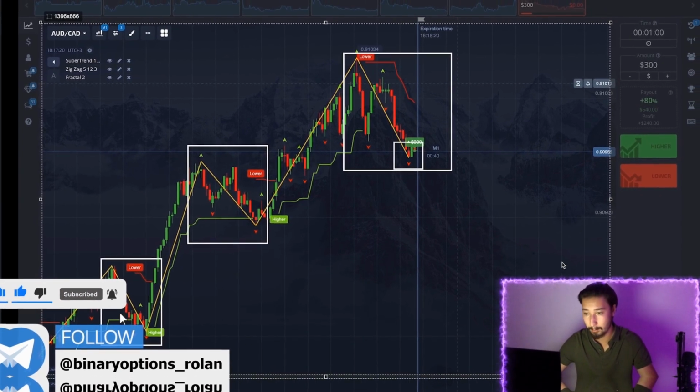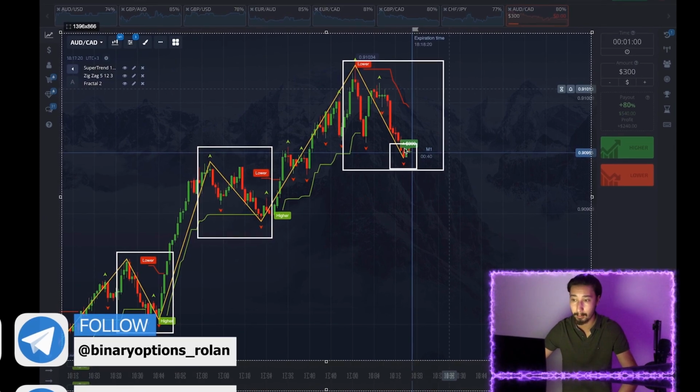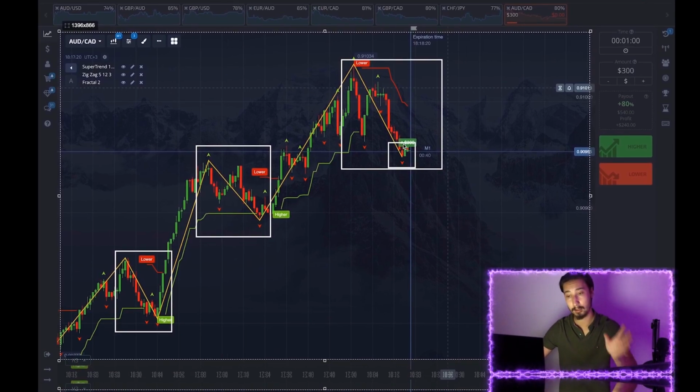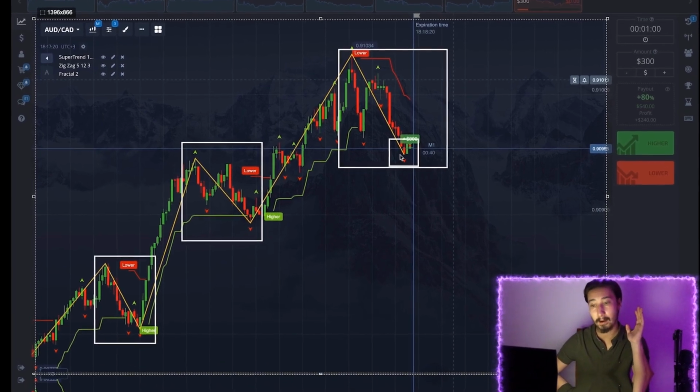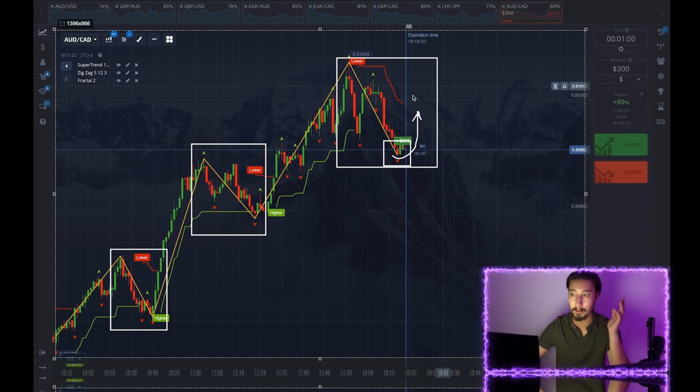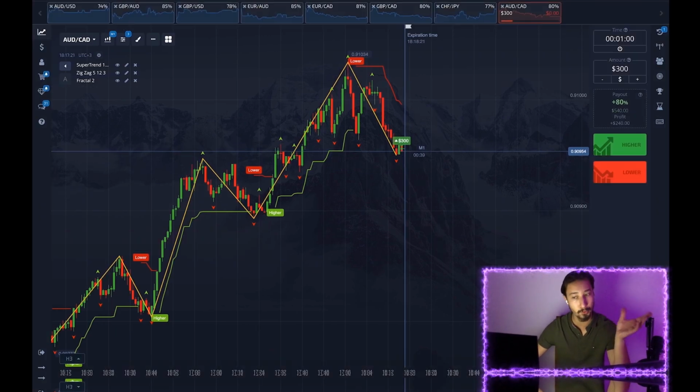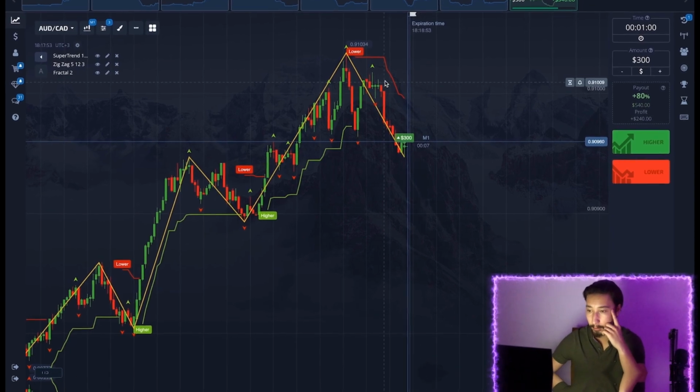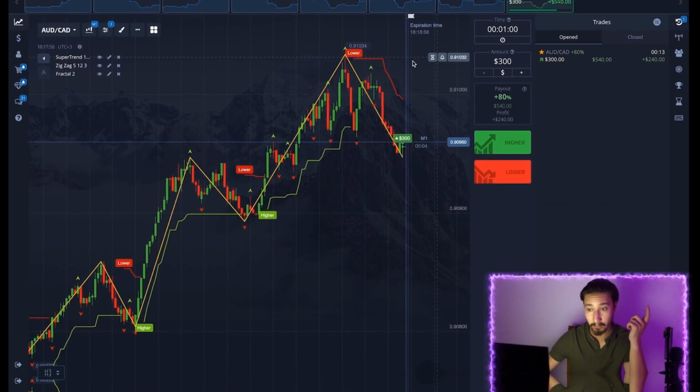Here the situation is approximately the same. We have updated the local minimum, the fractal for the zigzag. The candle opened in green and showed the dynamics of upward movement. In theory, I assume that one or two more candles can also go up. So let's look at the result of this transaction.